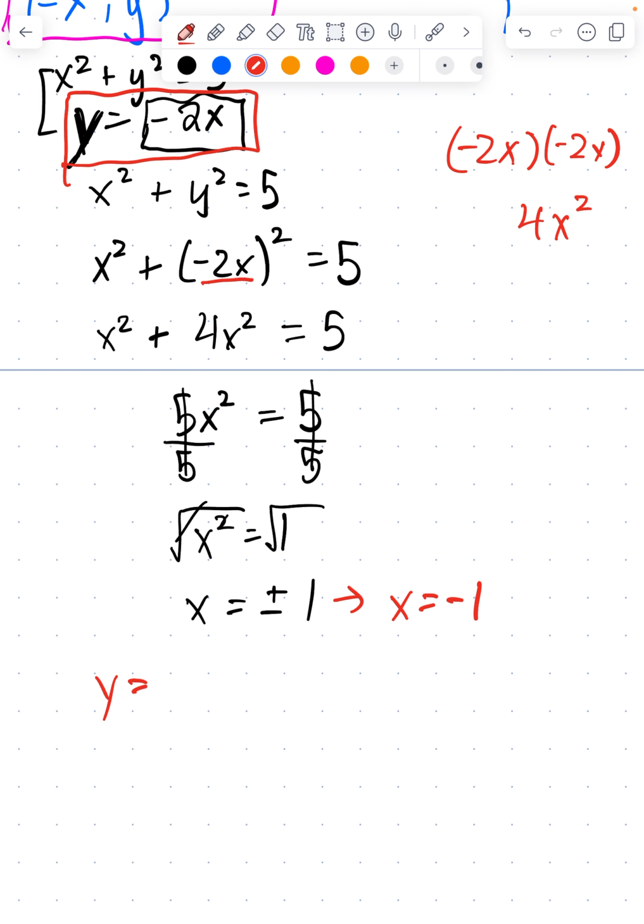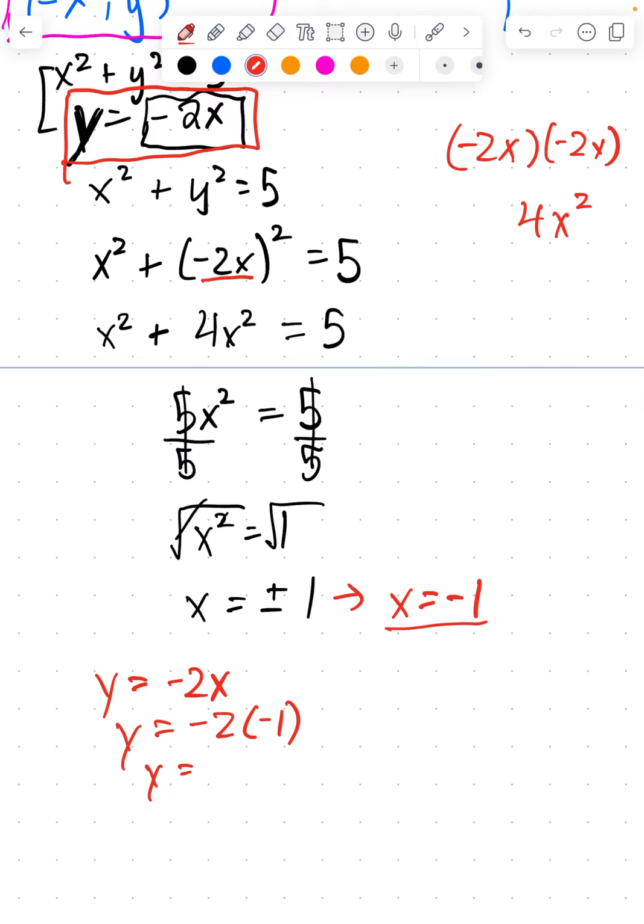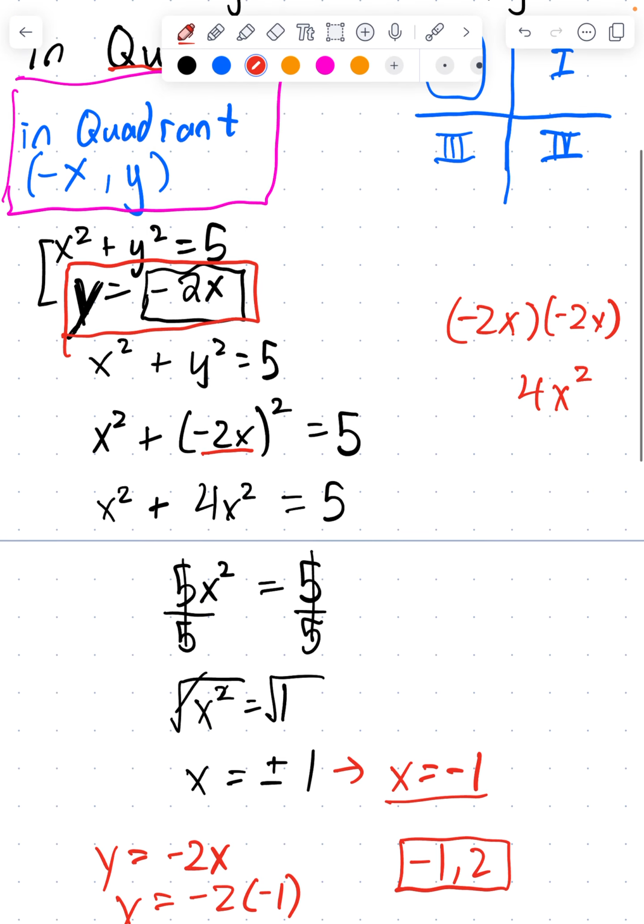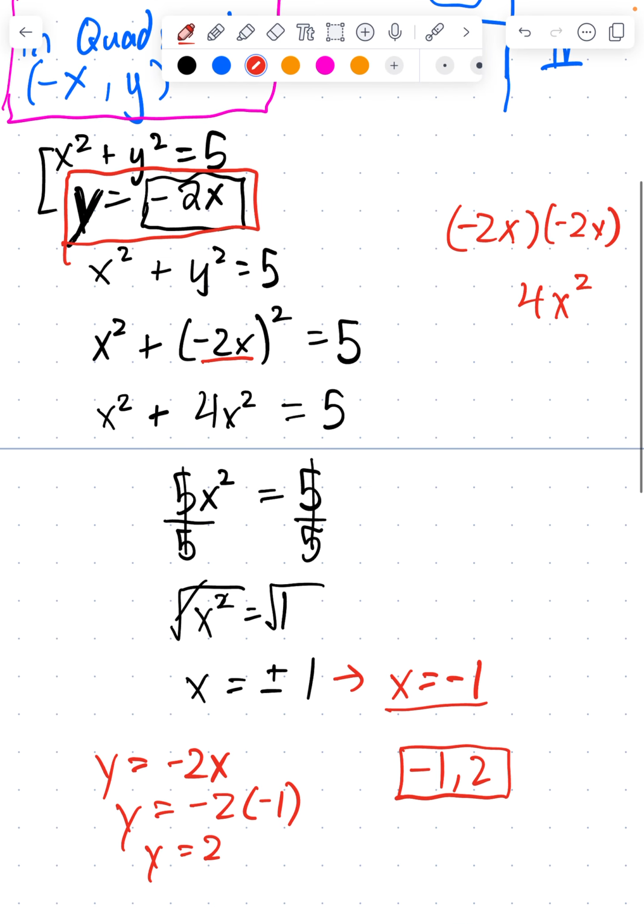So y equals -2x, but the x I'm going to use is -1. So y equals -2 times -1. So y equals 2. So my point of intersection is (-1, 2). That is the point of intersection in quadrant 2, and that is my final answer.